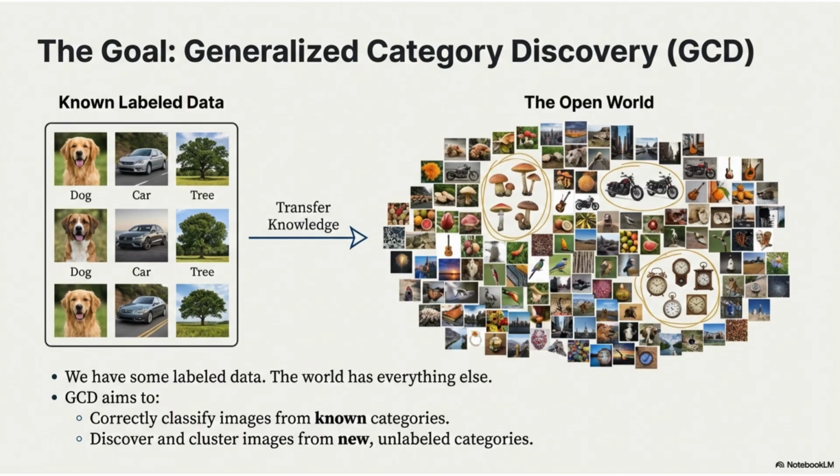The goal of GCD is twofold: classify the known, accurately recognize the categories we have labeled, and discover the novel, automatically cluster the unlabeled data into meaningful new categories. This is the hard part, finding structure in the unknown.